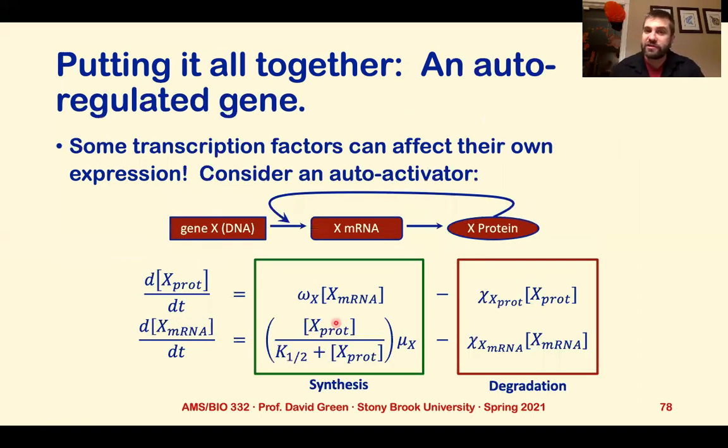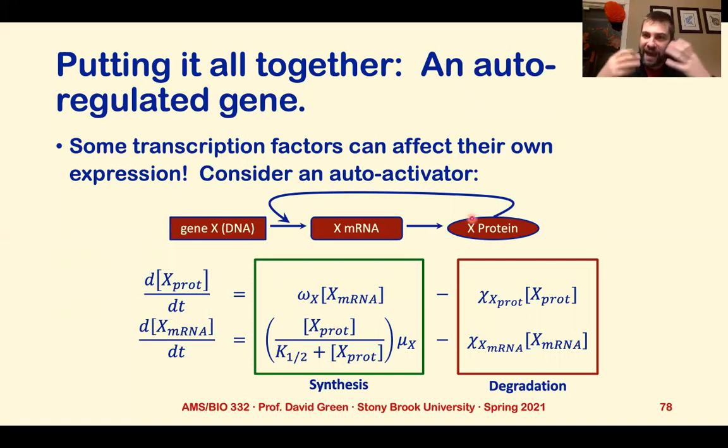Adding regulation into the picture, we actually can get regulation even when we only have a single gene. We can get this because some transcription factors actually affect their own expression. Some genes are autoactivators. Autoactivators turn themselves on in some sense.